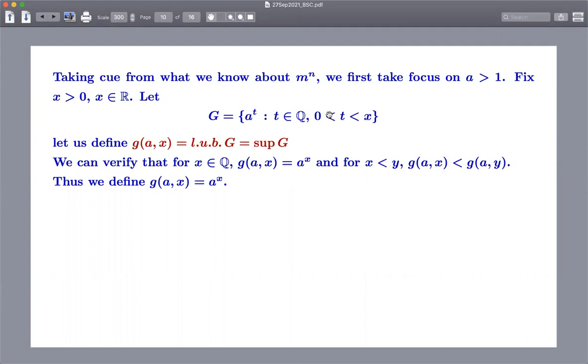You can take x by 2 and get a rational number between x by 2 and x. So there is a t there already, and therefore a power t makes sense. And likewise, you can go between x and 2x, there will be a rational number there already, on the other side. So you can show that this set G is non-empty and has an upper bound.